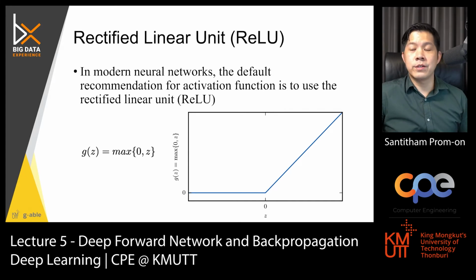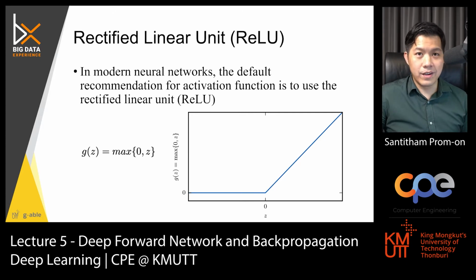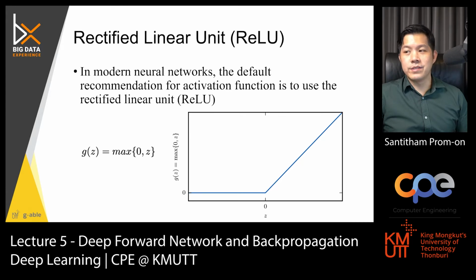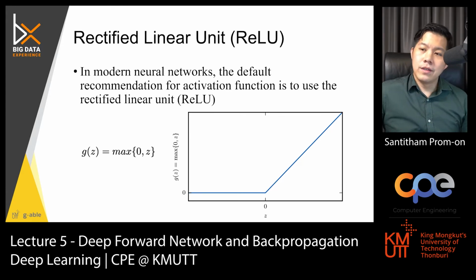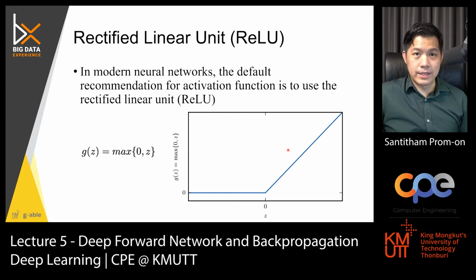Sure, the negative side will be 0, and the positive side would be linear. If you differentiate the linear function, the result is 1. So if you take the derivative of the positive side here, you get the value of 1, which is nice because it's just 1.